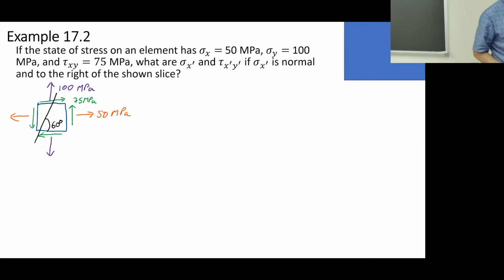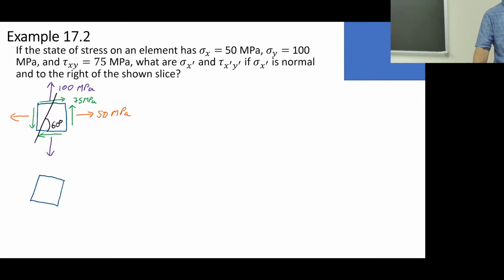Well, you have to follow the words pretty carefully. If sigma x prime is normal to it, that means it's coming out of this plane in this direction. The way we defined theta before, this would be a negative theta, going below the horizontal.